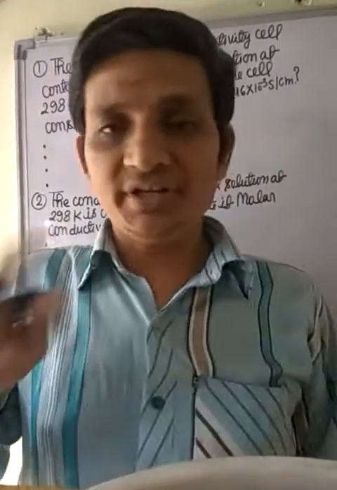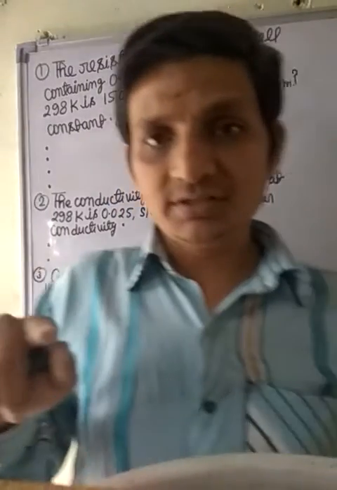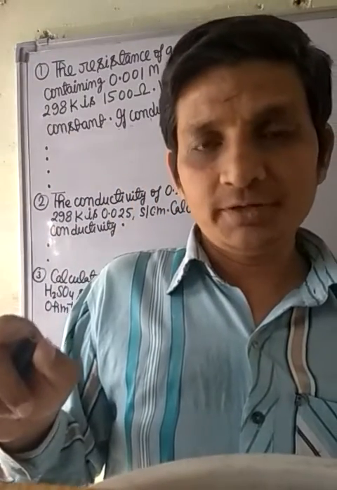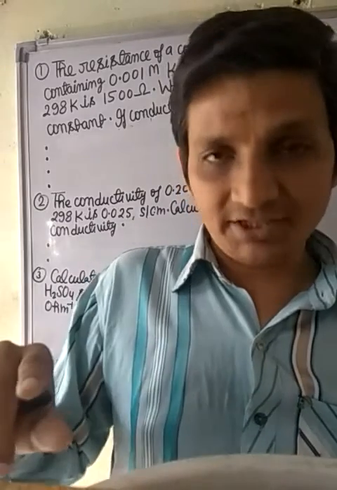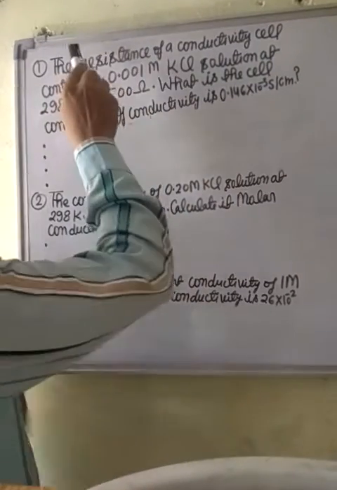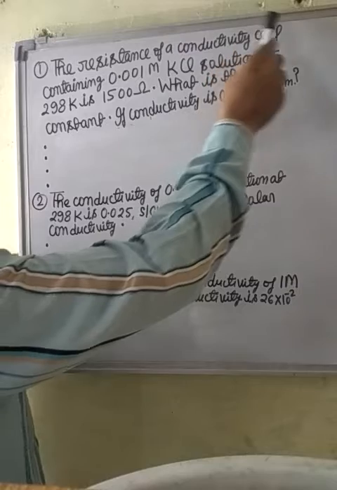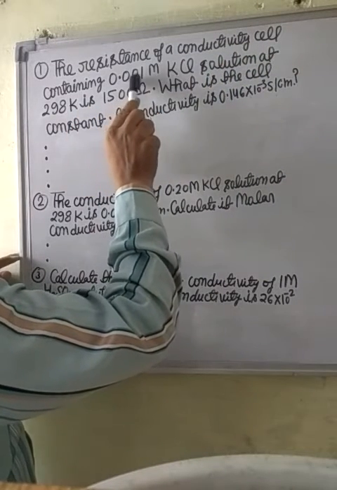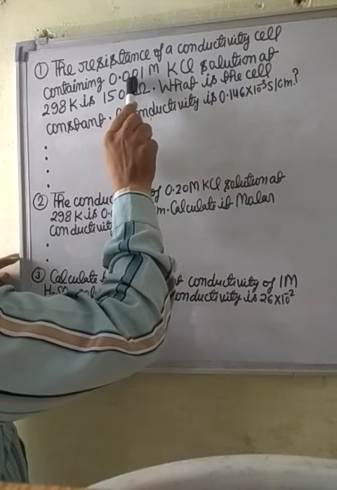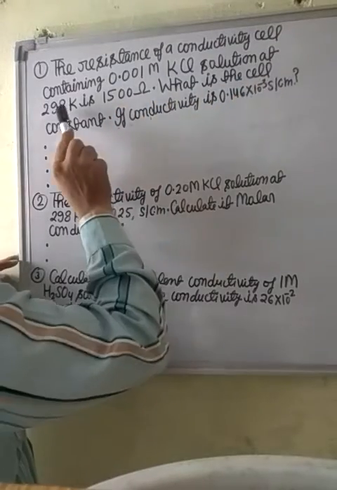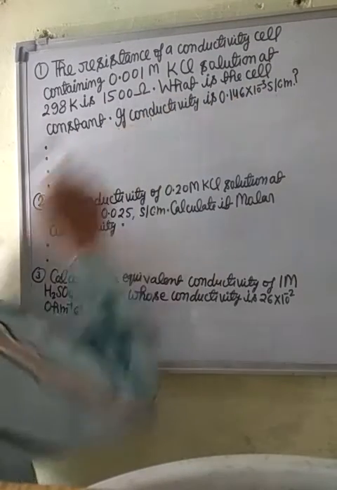Today I am telling you numericals related to conductance, specific conductance, cell constant, molar conductivity, and equivalent conductivity. Question number 1: the resistance of a conductivity cell containing 0.001 M KCl solution at 298 Kelvin is 1500 ohm.